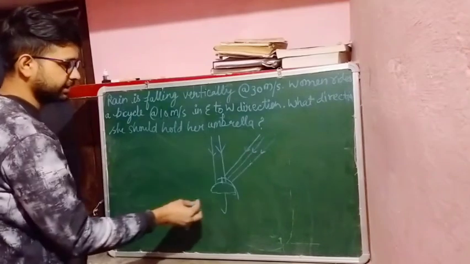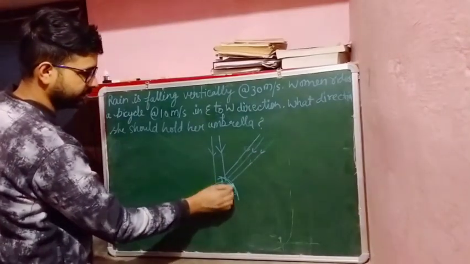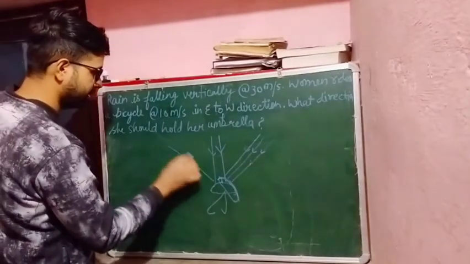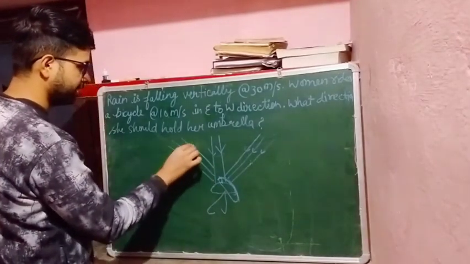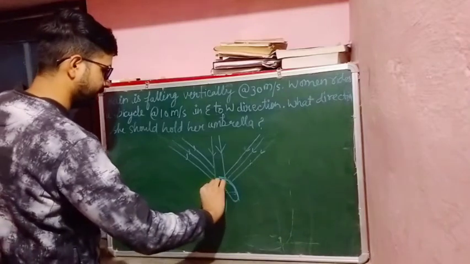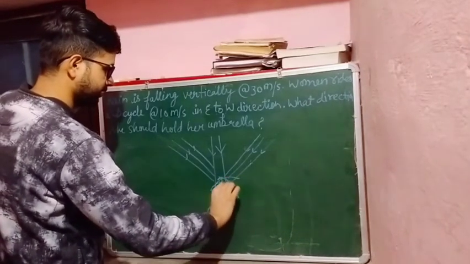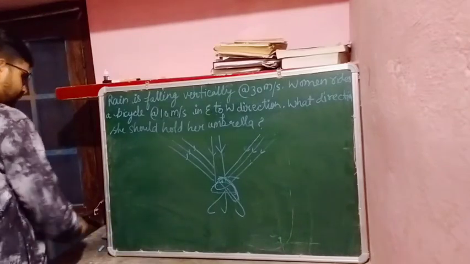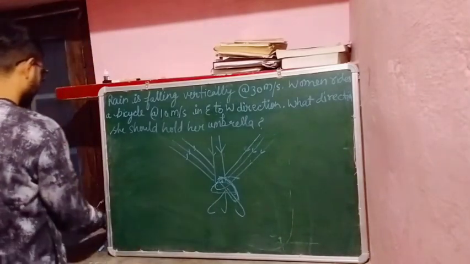If it is falling like this, we will tilt our umbrella in this direction, and if it falls from this direction, then we tilt it like this. Okay, so this is the general kind of situation that we see.